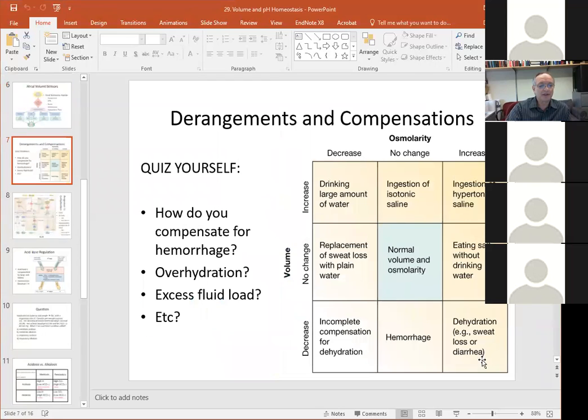This is kind of the Punnett square of derangements of homeostasis of volume and osmolarity. It's got 9 boxes, notice. The central one is normal. All of the surrounding boxes are derangements. What happens when you get out of homeostatic normality? And how do you do it?